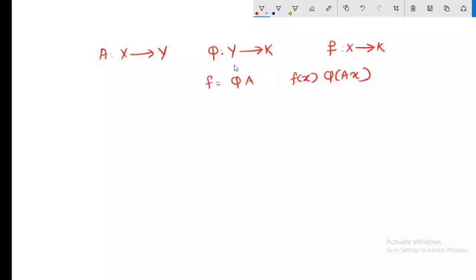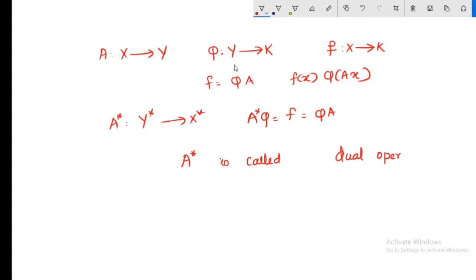Using this, we have defined a map A star from Y star to X star as A star phi is equal to f, and this is same as phi A. So this operator A star, we have proved, is a bounded linear operator, and this operator A star is called the dual operator to the operator A.